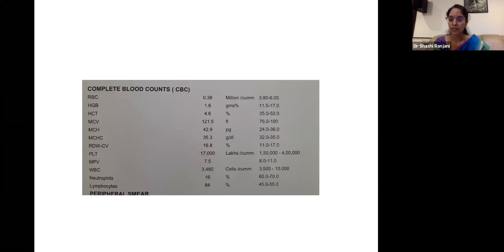In any of the bone marrow failure syndromes, the MCV is going to be high. That is one of the clues from the CBC that we can say this might be an inherited bone marrow failure syndrome. So this child has pancytopenia, a high MCV, and also neutropenia.